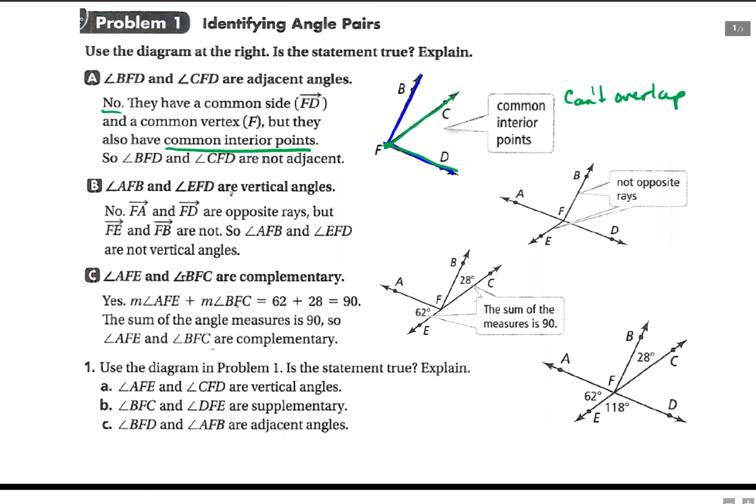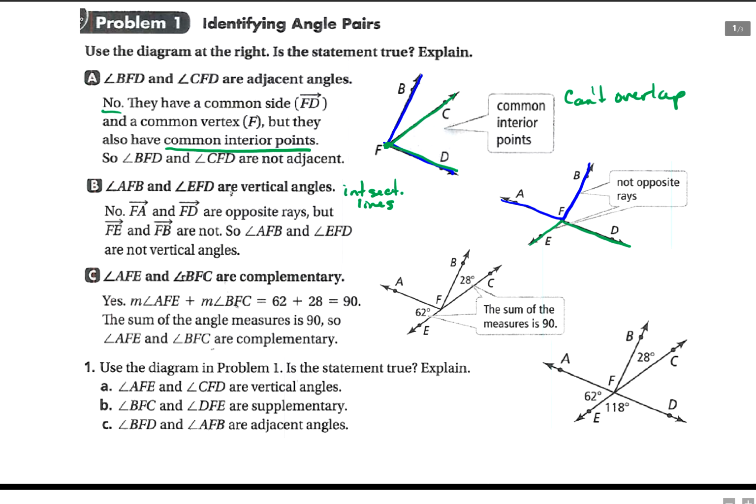All right, angle AFB and angle EFD are vertical angles. Well, let's find angle AFB, and angle EFD. Are vertical angles. Well, what do we know about vertical angles? Vertical angles are made by intersecting lines.